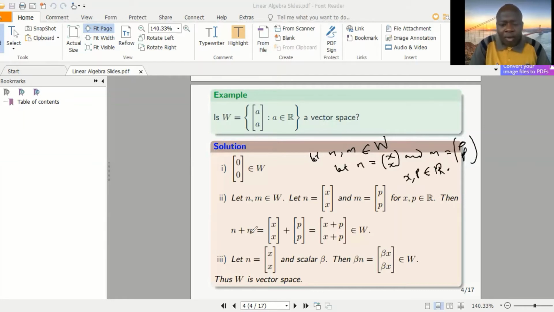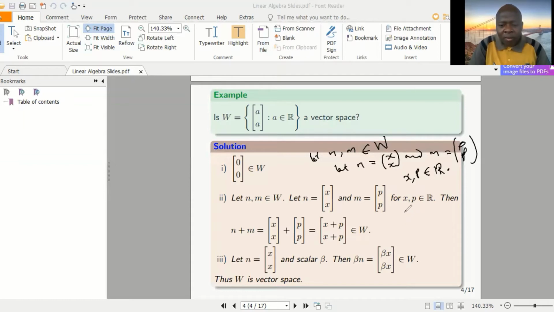And then what will be the sum of N plus M? This is this plus that. Remember, x was a real number, p was a real number, so the sum will be a real number. Again the sum will be a real number. That means this will be a vector of real numbers, so it will be in W.